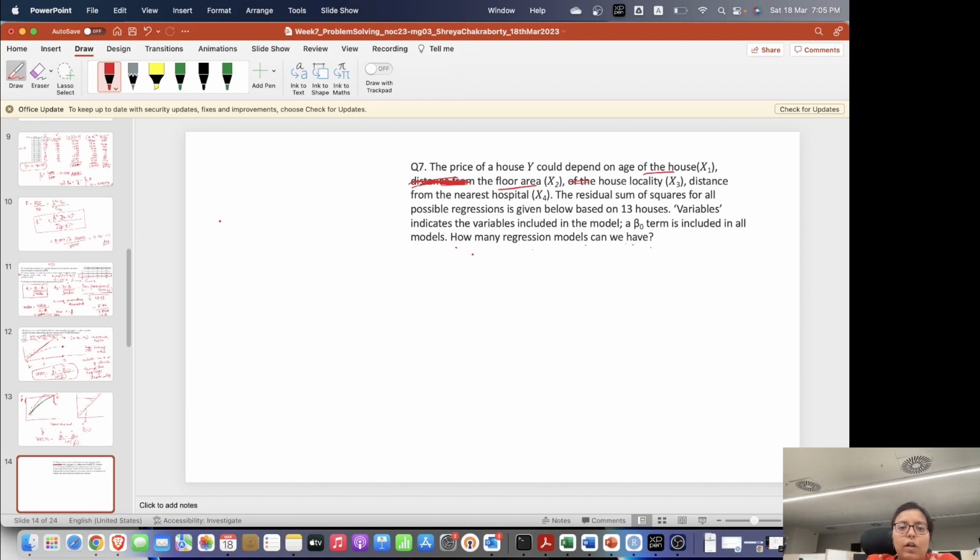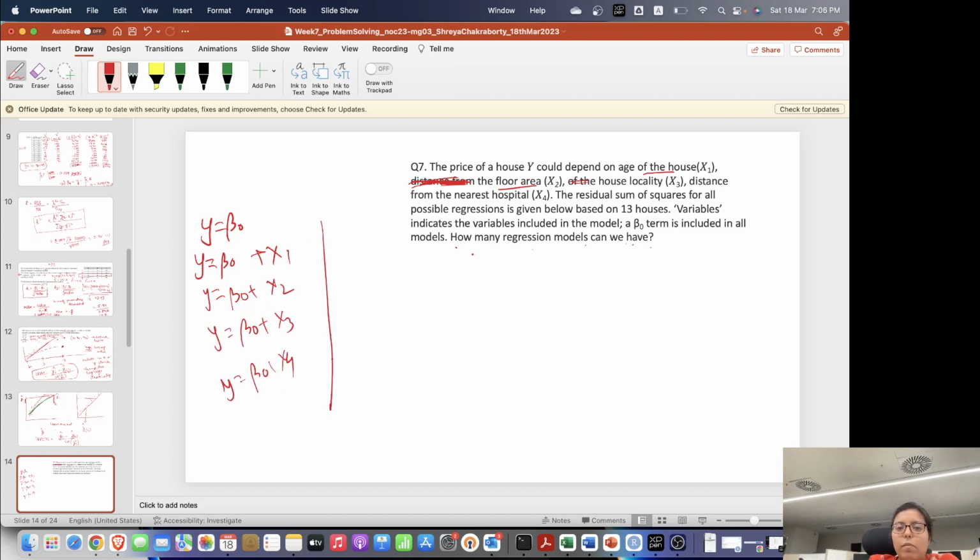So y equal to beta naught is always present. If we include just one variable, it could be y equal to beta naught plus x1, or beta naught plus x2, or beta naught plus x3, or beta naught plus x4.